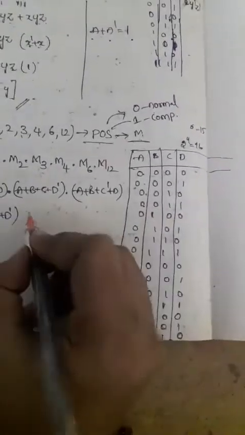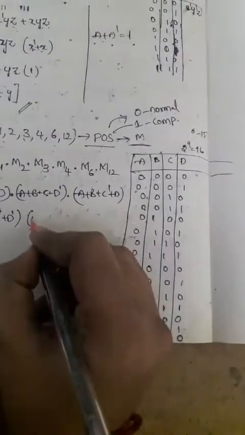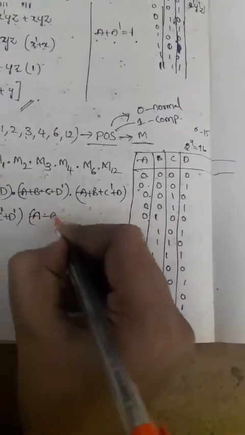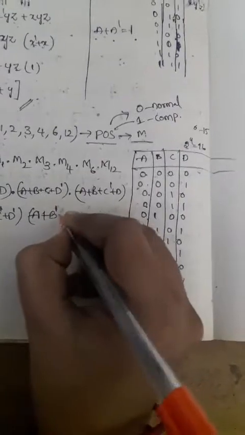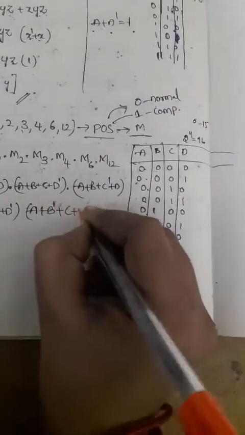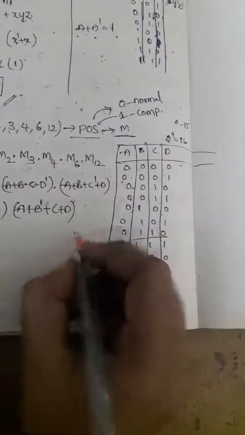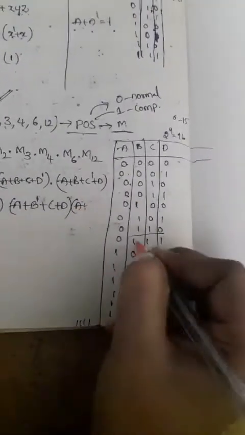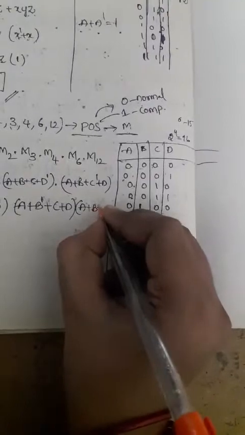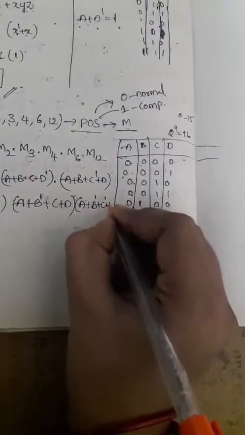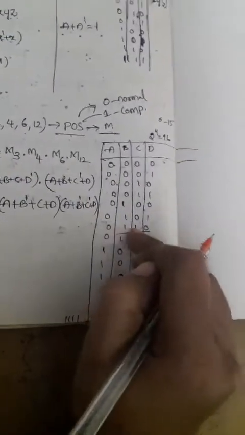Okay, so 3 is completed. Now coming to 4. 4 is 0100: a plus b complement plus c plus d. So 4 is completed. Now coming to the 6th one, 0110: a plus b complement plus c complement plus d.